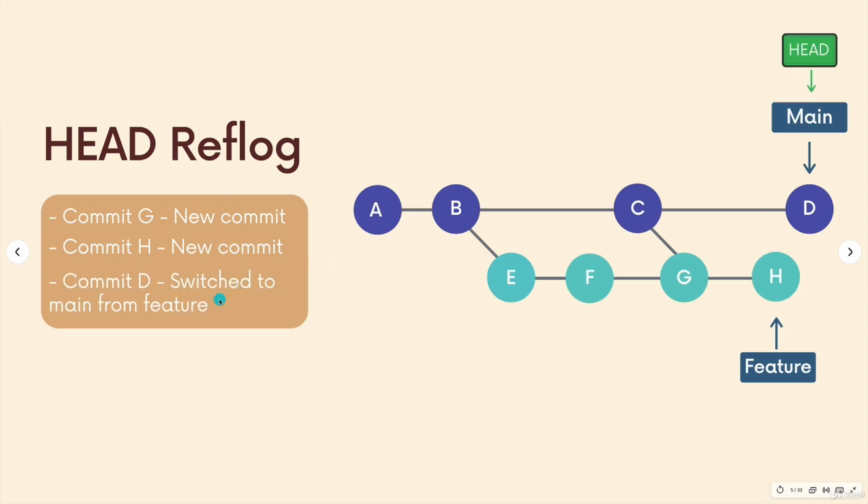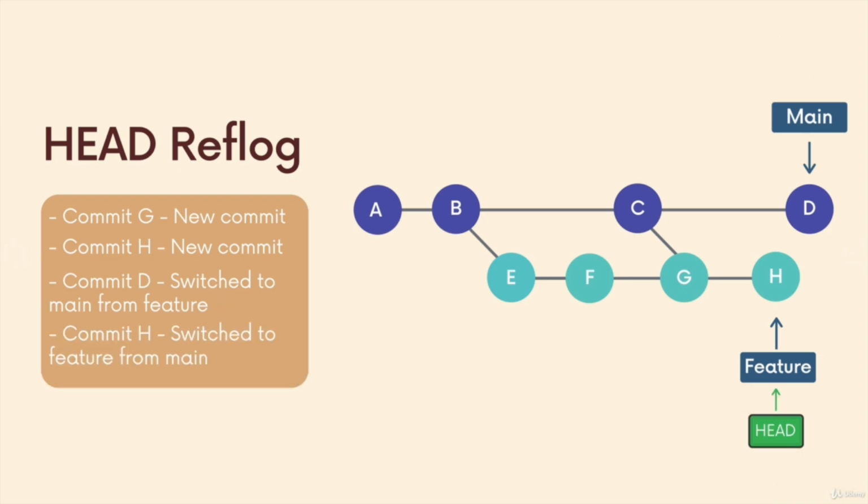So Git actually takes note of that, and it says, oh, you just switched. HEAD changed from main to feature. Or other way around, I think. It changed to main from feature. And then if we switch back, Git takes note of that. You switched to the feature branch from main. So it has this running log. We haven't seen it yet, but there is a log, and there's actually a file that we can take a look at for HEAD if we want to see the reflog, the reference log.